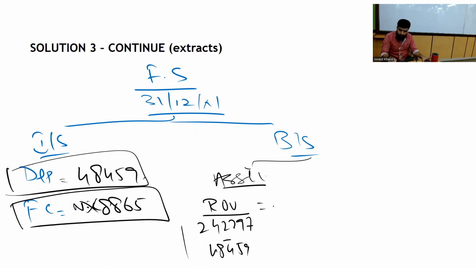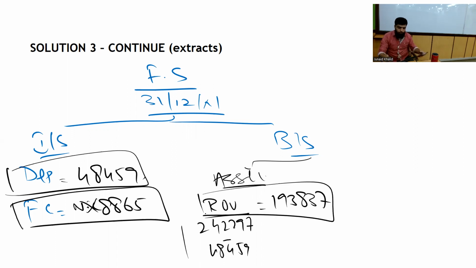So the carrying amount of the right of use asset would be 242,297 minus accumulated depreciation. This will make 193,837. So that is the right of use asset that would be reported in the financial statement as an asset.